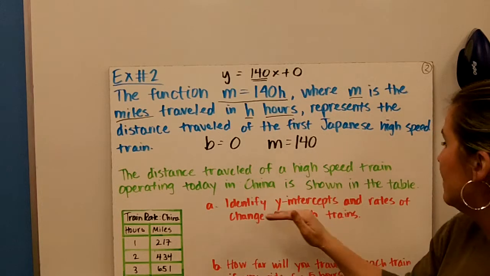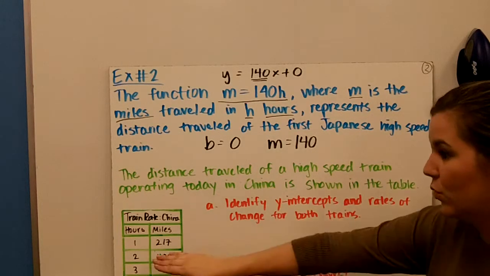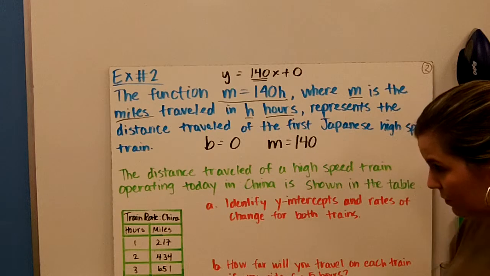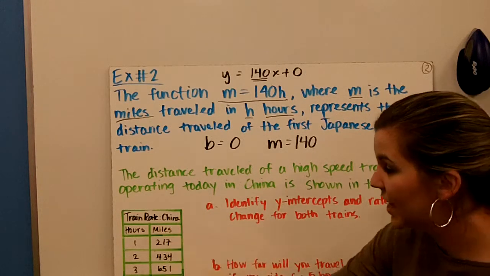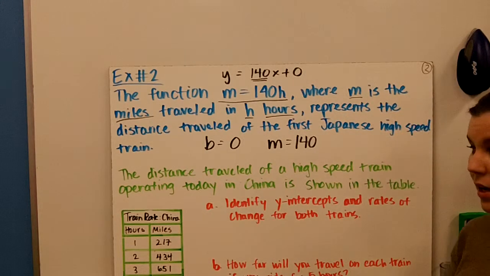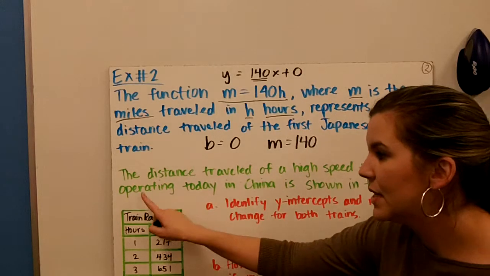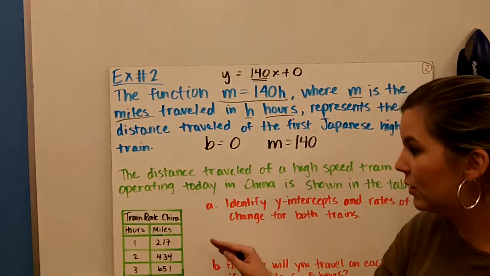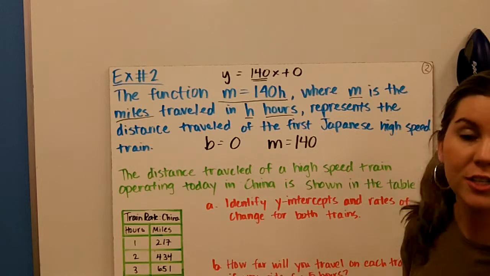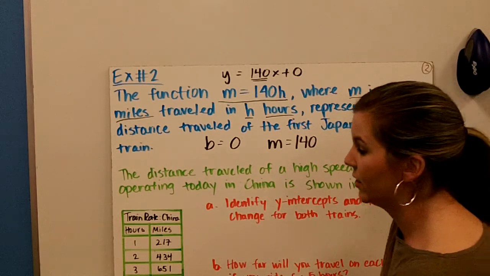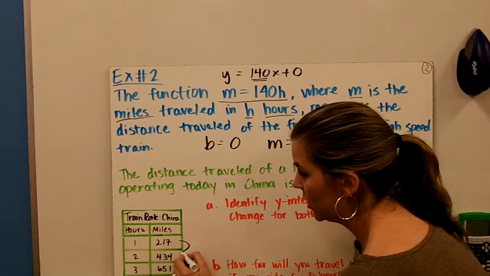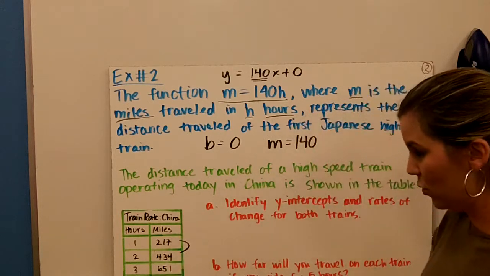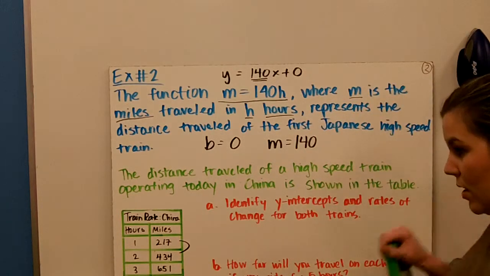Okay. Identify the y-intercepts and rates of change for China. We're given a table, and to find out a y-intercept, we would need the time to be 0. Well, we're not given that. So let's find the rate of change first and see if we can calculate the y-intercept. From 217 to 434, what happens?